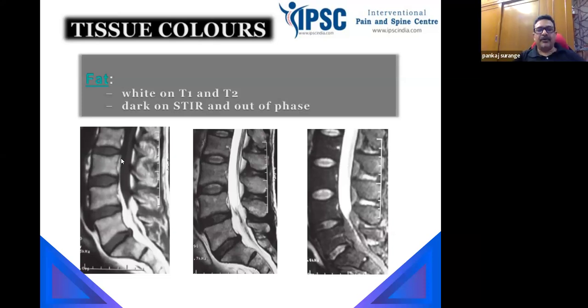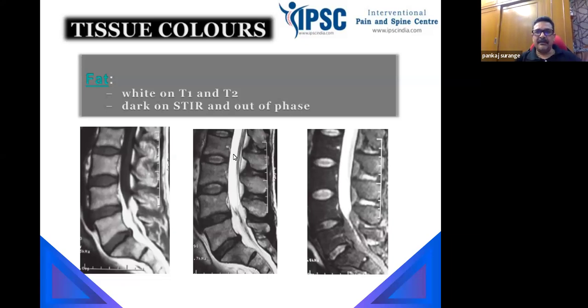So whenever you see this image, the first thing you have to look at is the CSF. Looking at the CSF, you can make out whether it is T1 or T2. The CSF is dark here and white here, so obviously this is T1 and this is T2.